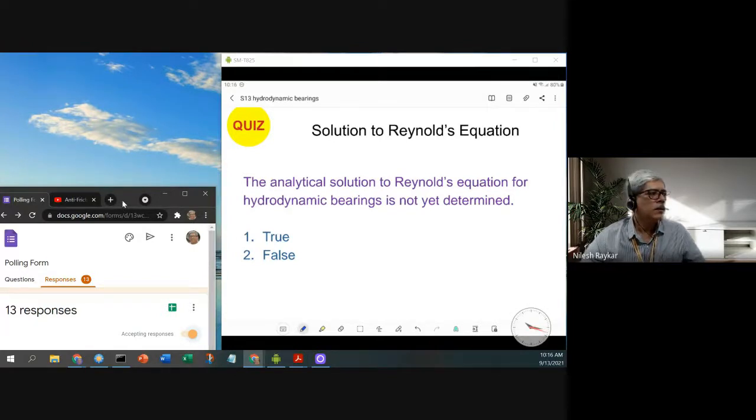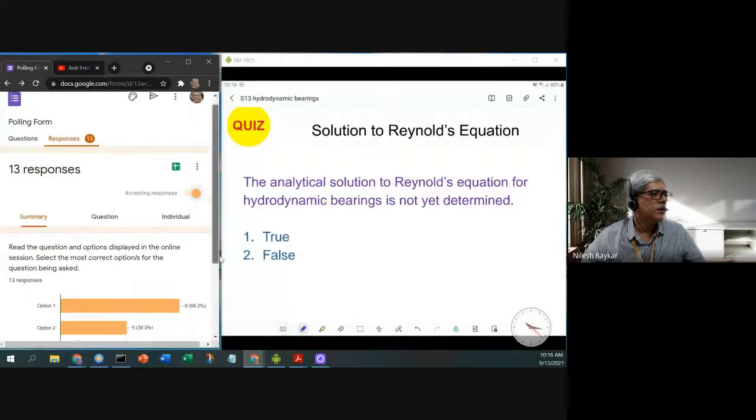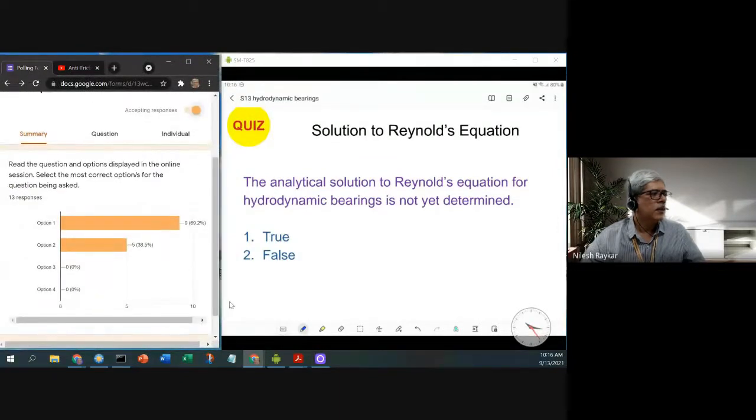Okay, so let's see what answers you are getting. The answer to this question is sort of ambiguous. That means an analytical solution is available only for very long bearings, L tending to infinity, or for very short bearings, L tending to 0.